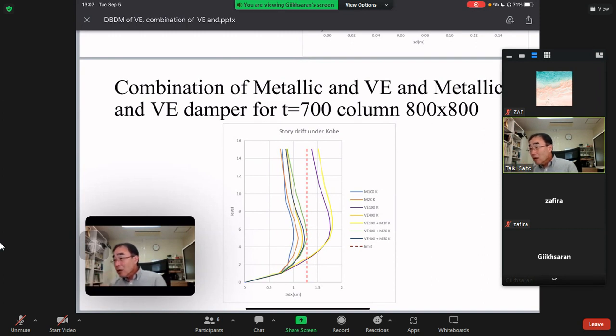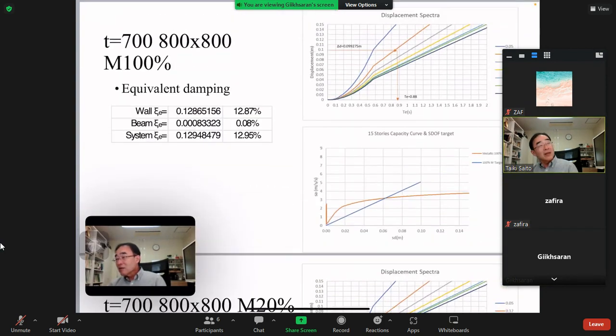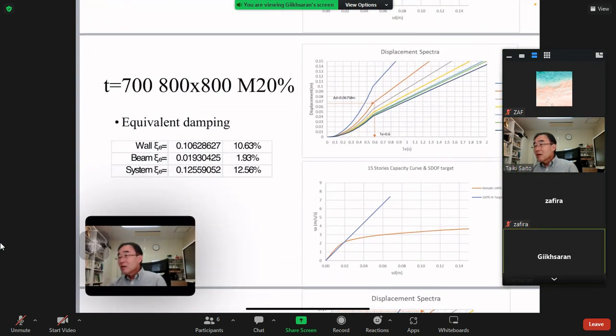But the yellow color one. So only M20 is the orange one. But if you add the viscoelastic, suddenly, this one. Oh, it's also a big difference between the blue line and the orange line.